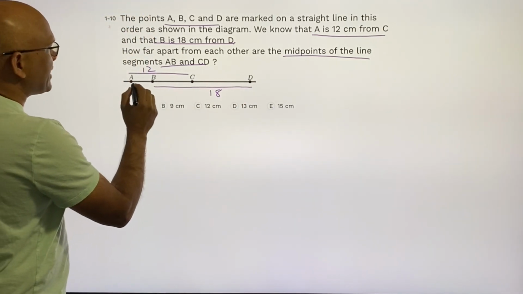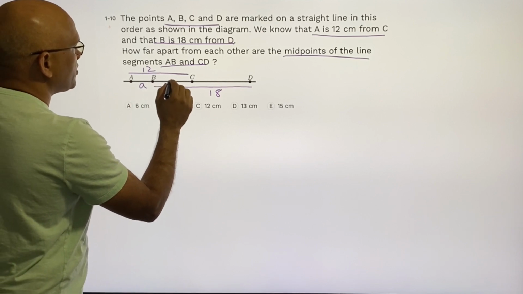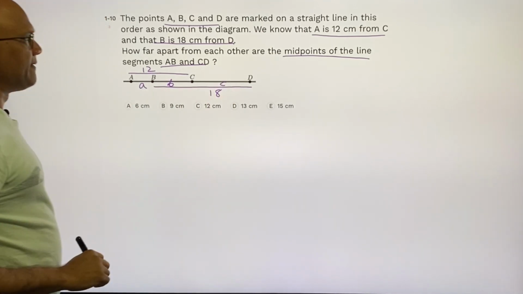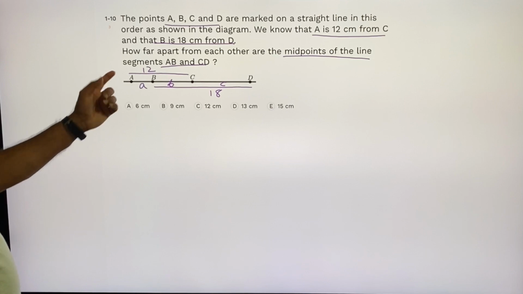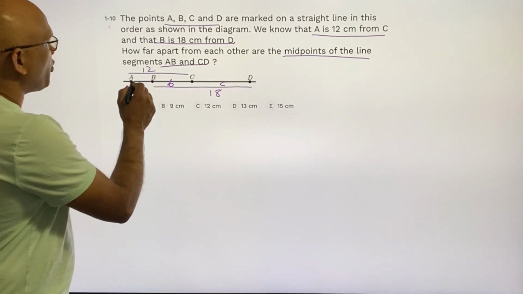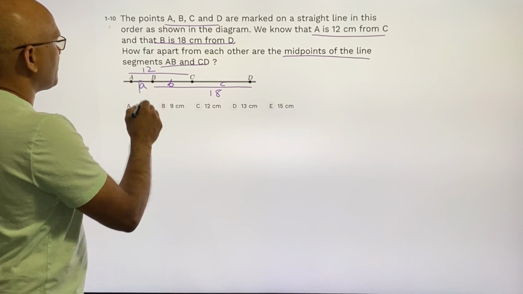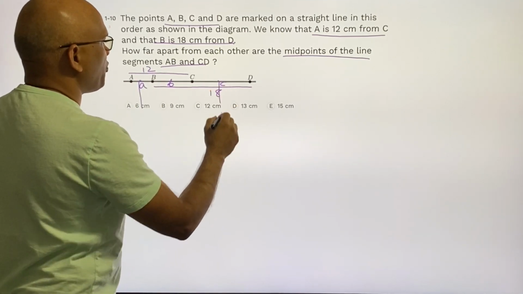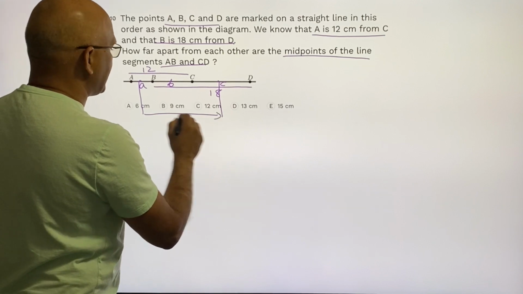Okay, so let me call these segments small a, small b, and small c. And we want to find out how far apart from each other are the midpoints of the line AB and CD. So we want to find this distance. Let's say these are the midpoints. I want to find this distance, right?